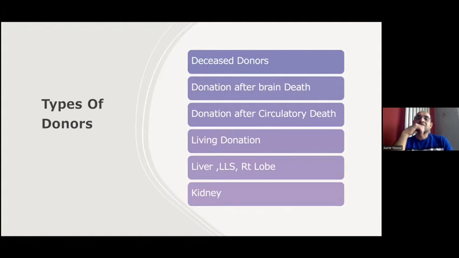So this is called withdrawal of treatment, and we wait for the patient to develop cardiac arrest. The first patient is brain death. They have been declared dead by brainstem death testing. The second patient has some brain damage, but they are unlikely to recover. So after discussion with the family, all the supportive measures will be stopped, and we wait to see whether the patient's heart stops or not.